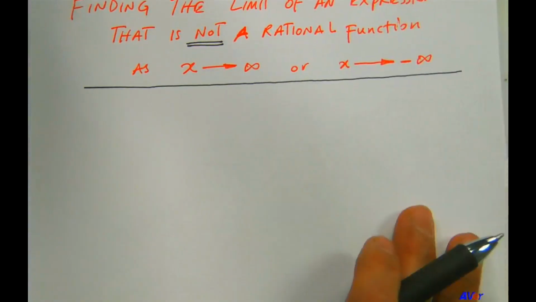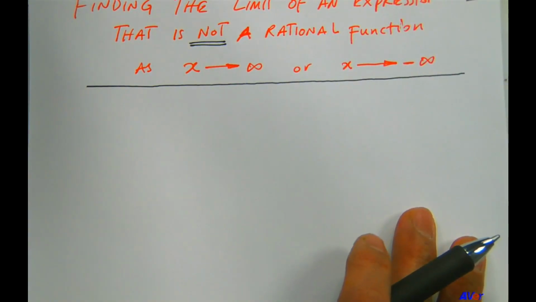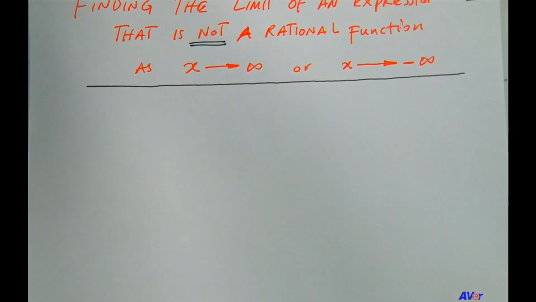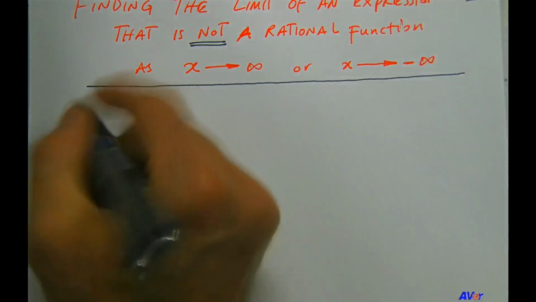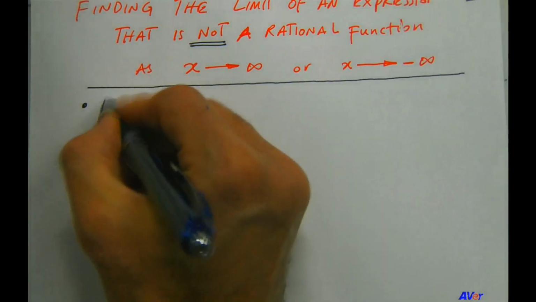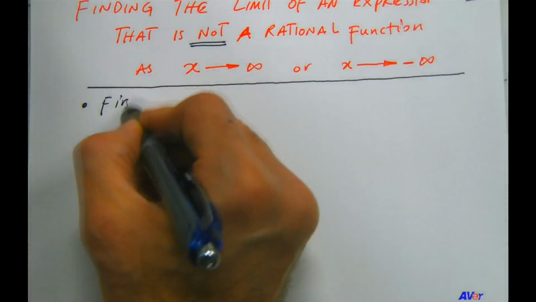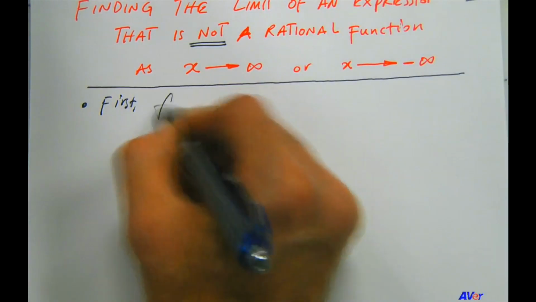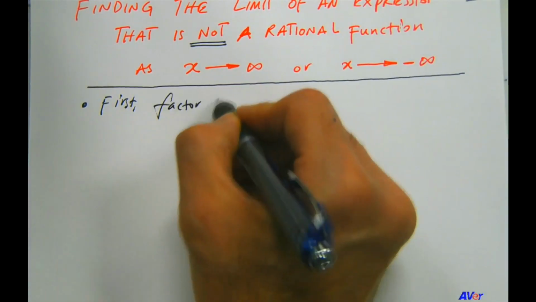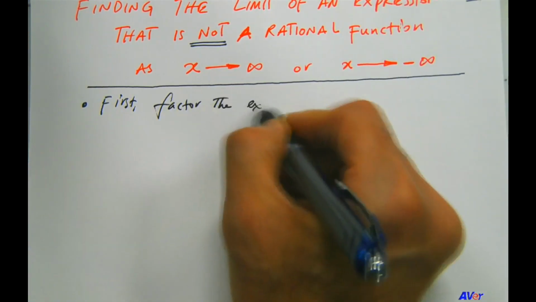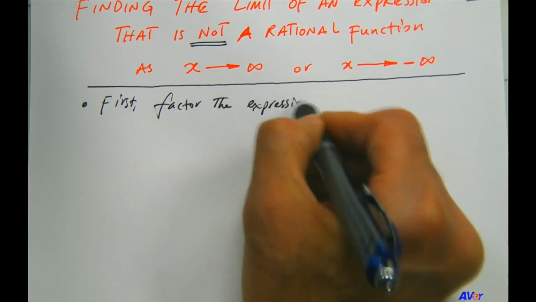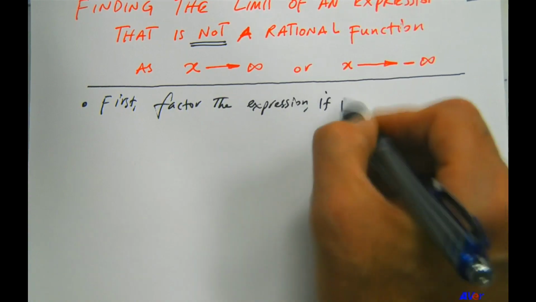So the first thing we want to do is factor the expression if possible, and then apply the limit. That's the only thing we have to do with those that are not a rational function. So first, factor the expression, of course, if possible.